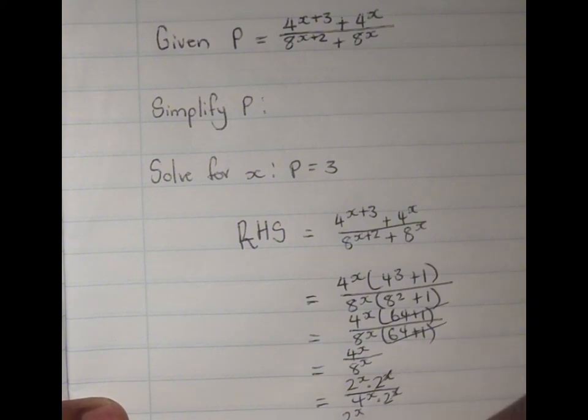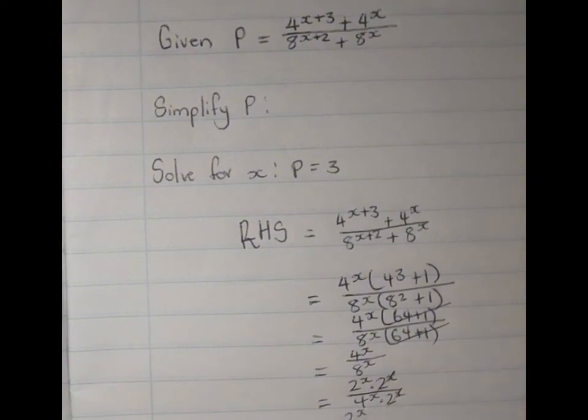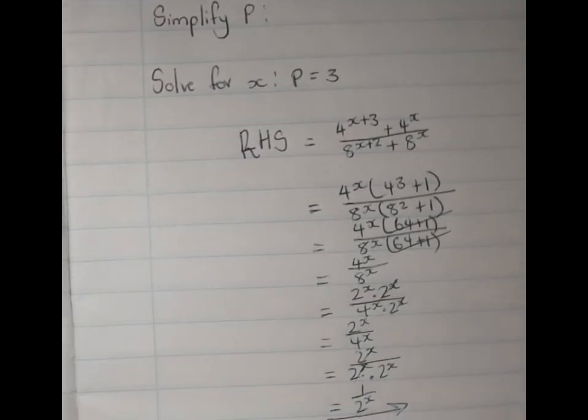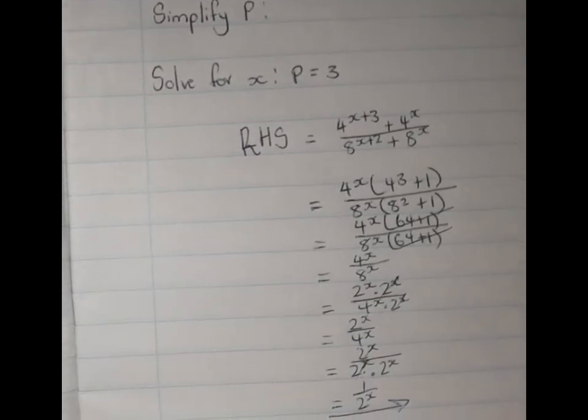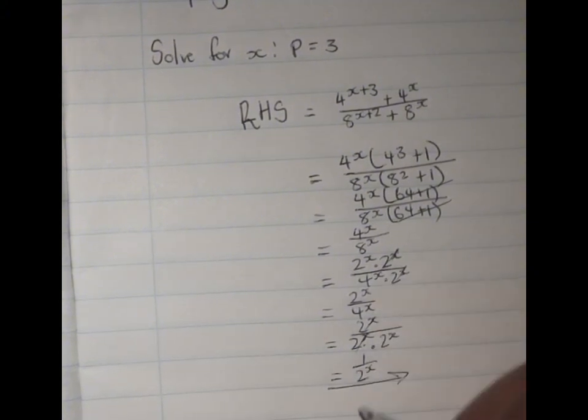And we can further say that this 4 to the x is made out of 2 to the x times 2 to the x. And these can cancel off again. They cancel off, we'll have 1 divided by 2 to the x. And that is the final answer for that question. So that is how you simplify p. So we'll say that p is equal to 1 divided by 2 to the power x.